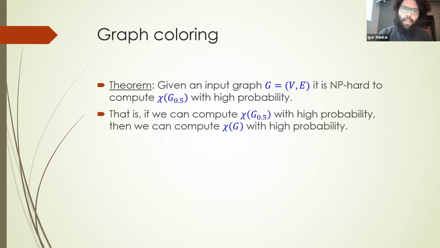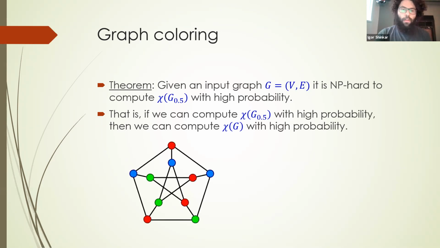I mean that if, with high probability, over both the randomness of the removed edges and the randomness of the algorithm, we can compute the chromatic number of the random subgraph, then we can also compute the chromatic number of the original graph. That's the statement of the theorem.